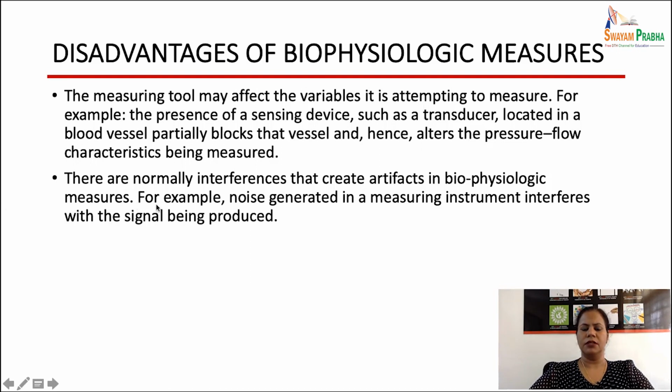Sometimes the interferences are because of the machine or equipment only, causing artifacts, and because of that we might get wrong measurements. The example given is that noise generated in a measuring instrument interferes with the signal being produced. So the noise from the instrument can change the signal, and that can give you the wrong measurement.